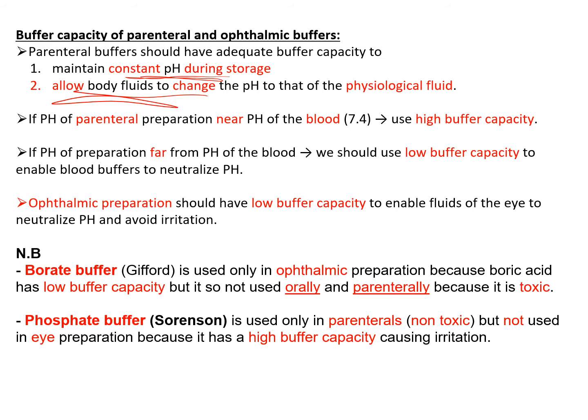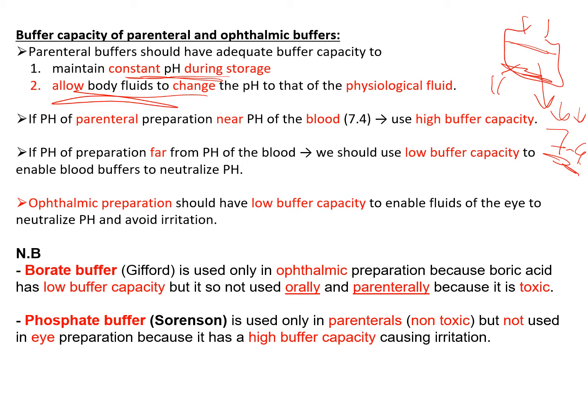We have to allow the body fluid to neutralize the pH. If our injection is stored at pH 11, okay, we need to keep it at 11 on the shelf life before injection. That's very important for stability. But for irritation, after injection, we need this pH to go down to 7 or 7.4 immediately. Otherwise, it may cause problems.